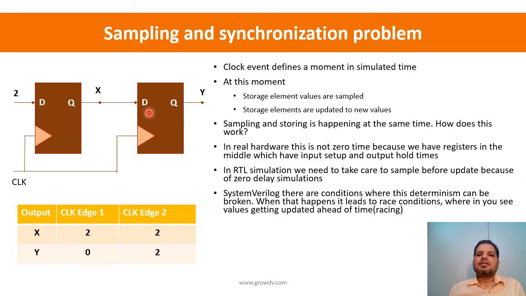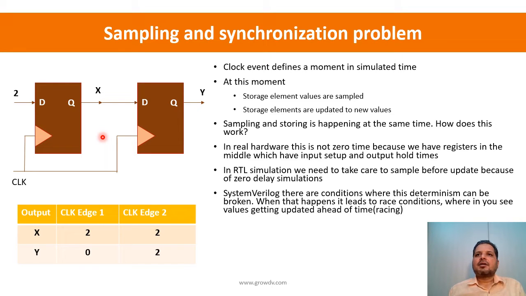And this is the problem when we are implementing a SystemVerilog simulator: when I model these flops in certain ways, there can be cases where the determination of whether the storage will be sampled first or updated first can vary.